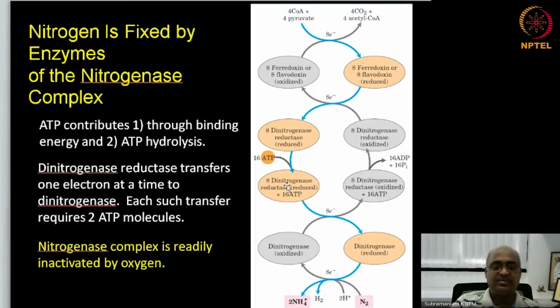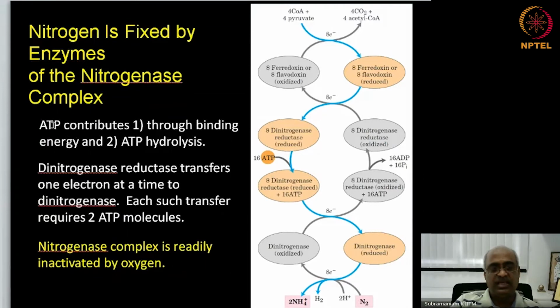Like that it makes 8 trips to provide the 8 electrons, or if you have 2 of them, then 4 rounds. For each electron transfer, it requires 2 ATPs, so 16 ATPs are hydrolyzed to provide the 8 electrons. Out of the 8, 6 go to reducing the nitrogen, and 2 of them combine with 2 protons to make hydrogen. So this is how electrons from an original donor are transferred to the dinitrogenase complex by the dinitrogenase reductase enzyme, and then the dinitrogenase reduces the nitrogen into ammonia.